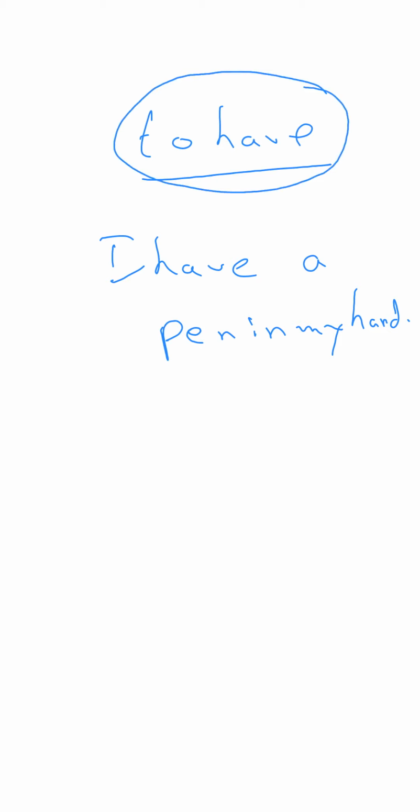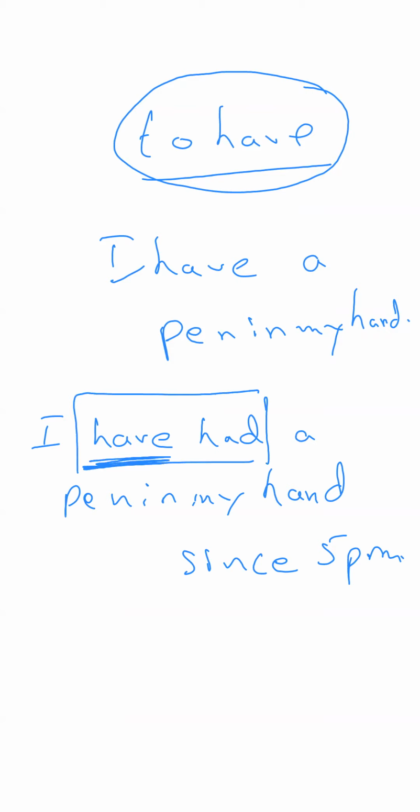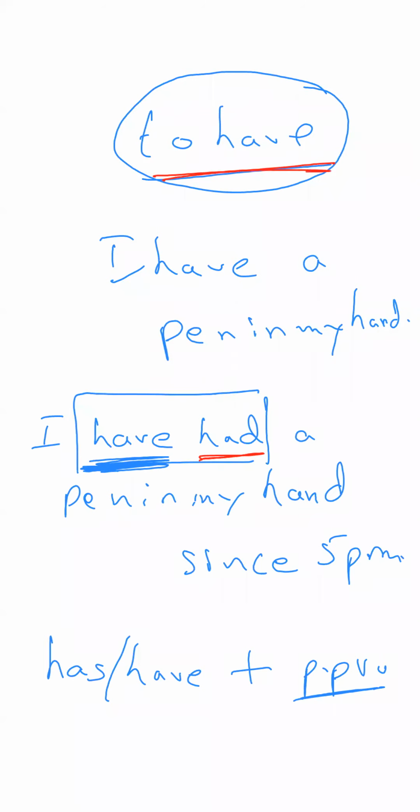Now consider this: I have had a pen in my hand since 5 p.m. Notice the present perfect tense usage here. The have here, the first part, is the has or have plus past participle of verb. The past participle of the verb in question is had, from to have.